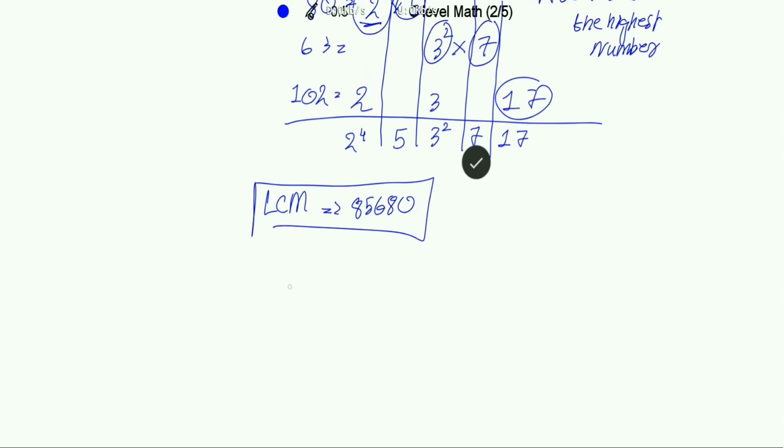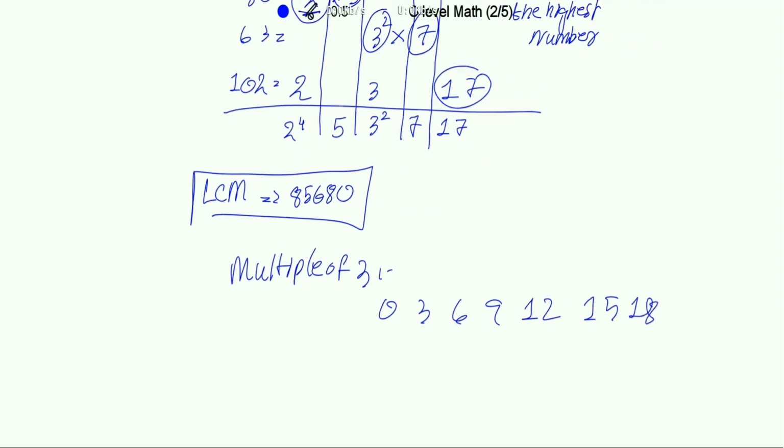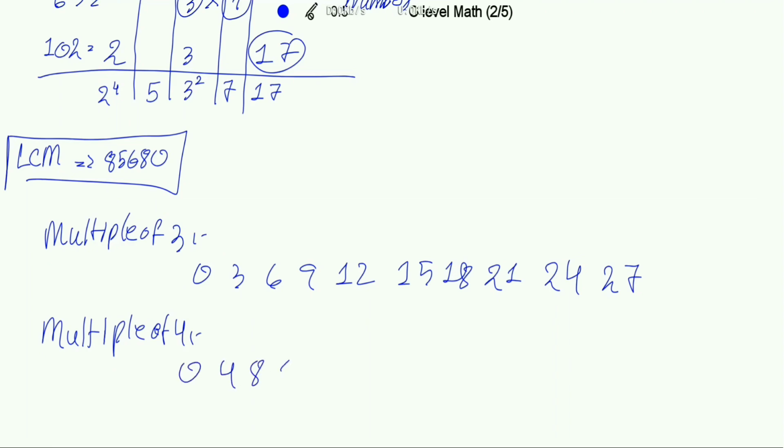So what is LCM? Basically, let's say that I have the multiples of 3: 0, 3, 6, 9, 12, 15, 18, 21, 24, 27, and let's say I have the multiples of 4: 0, 4, 8, 12, 16, 20, 24, and so on.